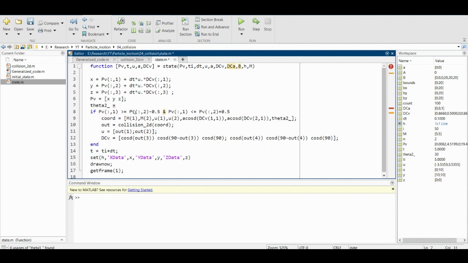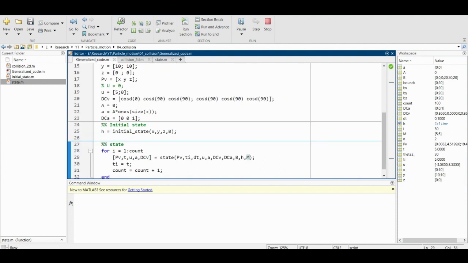Theta 2 dash is equal to y2 minus y1, so y1, y2. Let's see what is the value, then we can change accordingly. y1 divided by x2 minus x1. Okay, let's see what is the answer of this theta 2. Let's play it out.